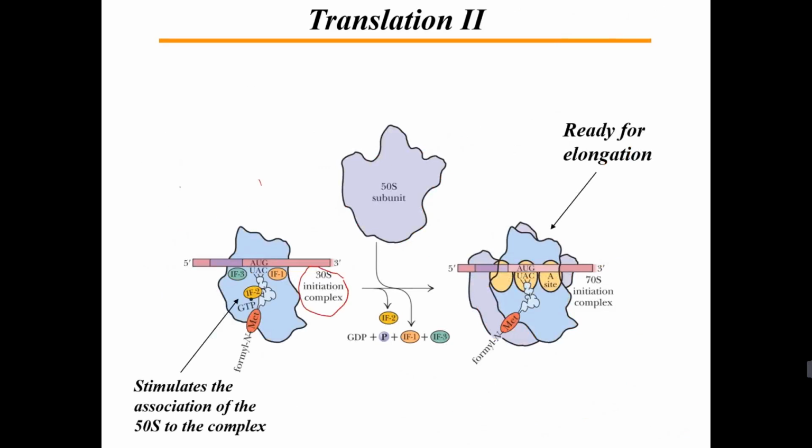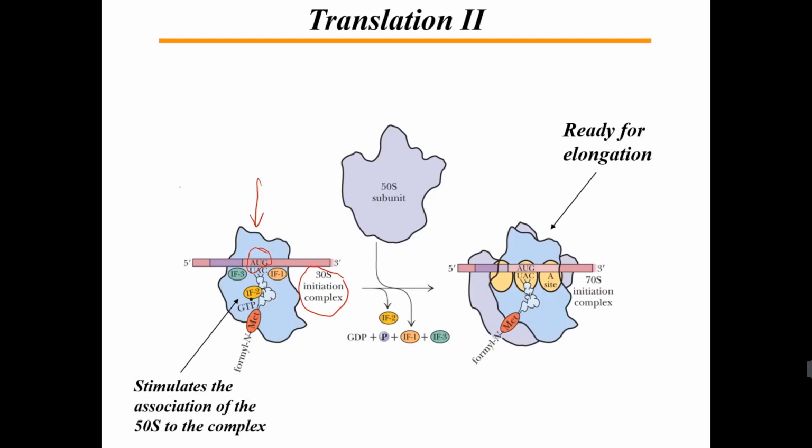We see that the IF2 GTP-bound initiator tRNA complex binds the mRNA at that initiation codon. And this is, again, correctly positioned by the Shine-Dalgarno sequence interaction with the 3' end of the 16S rRNA. And we have the 30S subunit together to form the 30S initiation complex.